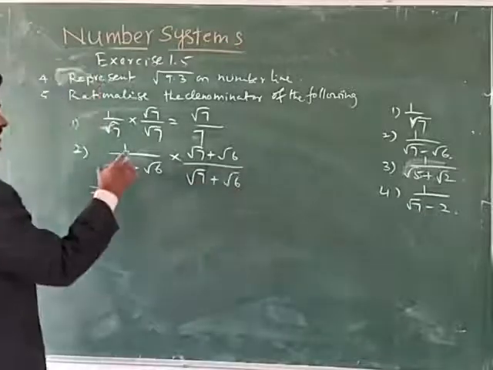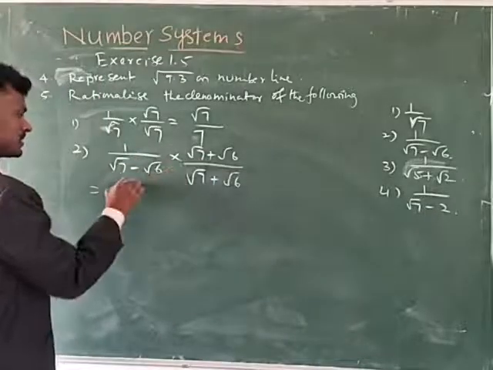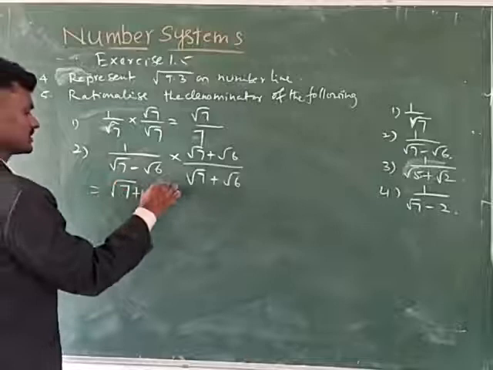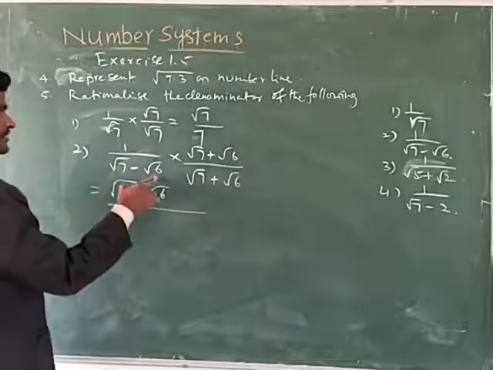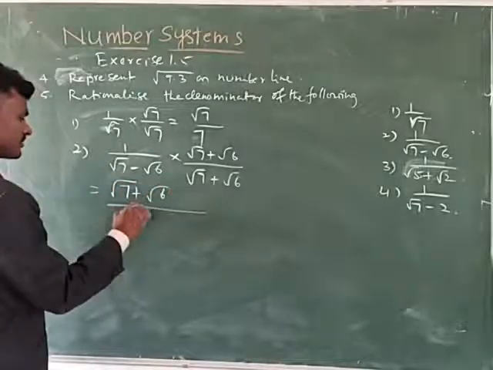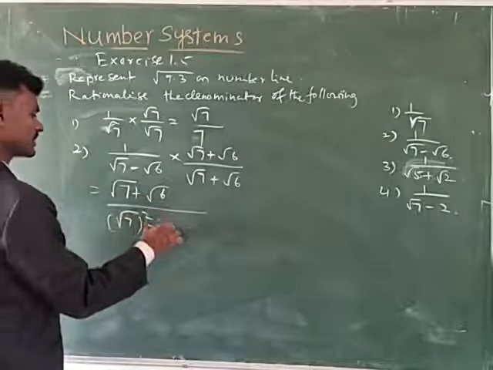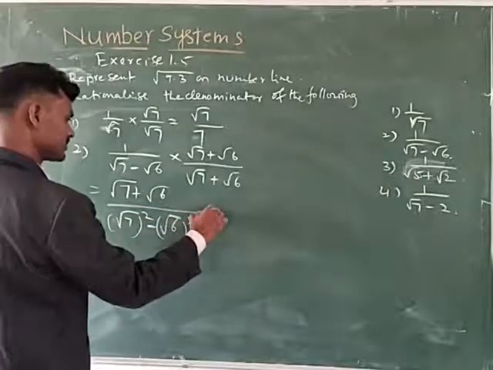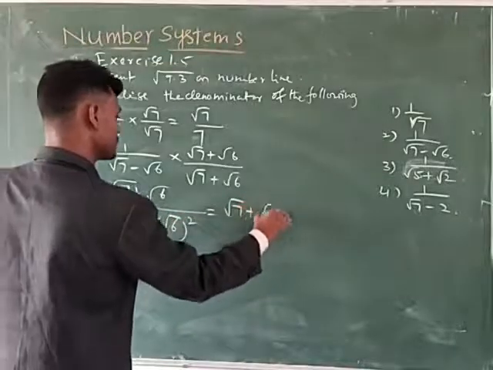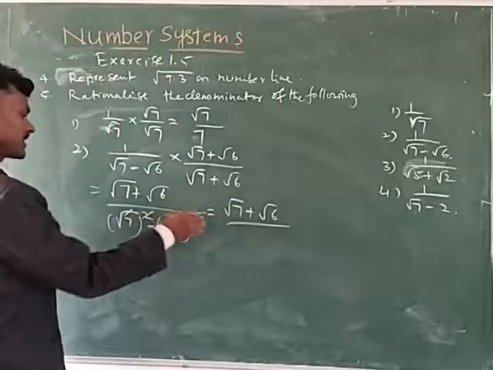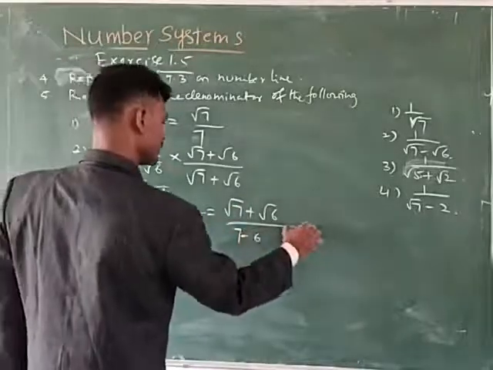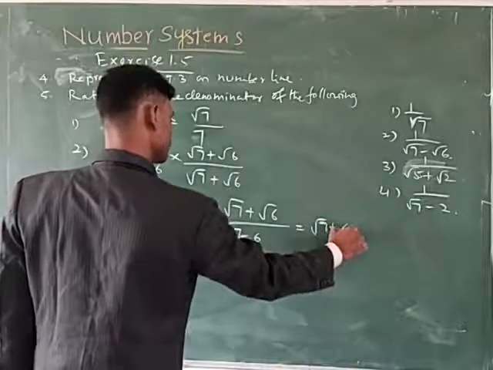Now see here, 1 into (root 7 plus root 6), root 7 plus root 6, whole by, this is (a minus b) into (a plus b), a square minus b square, root 7 whole square minus root 6 whole square. Here square root cancels, 7 minus 6 is equal to 1.